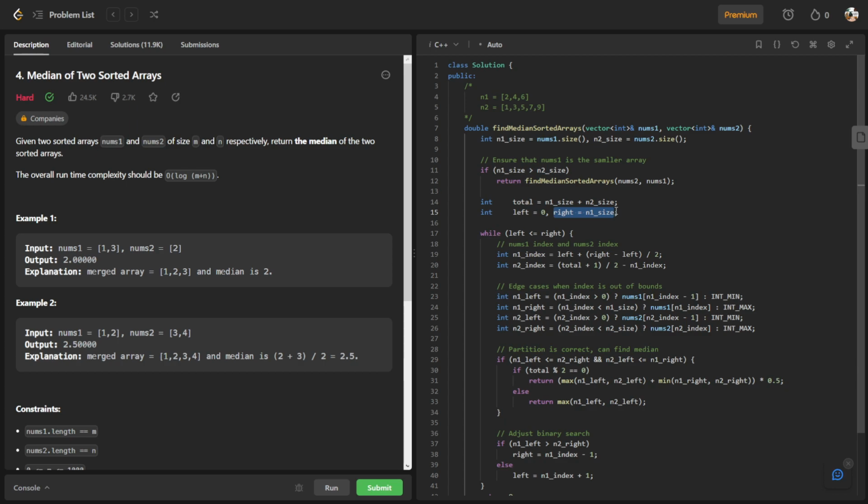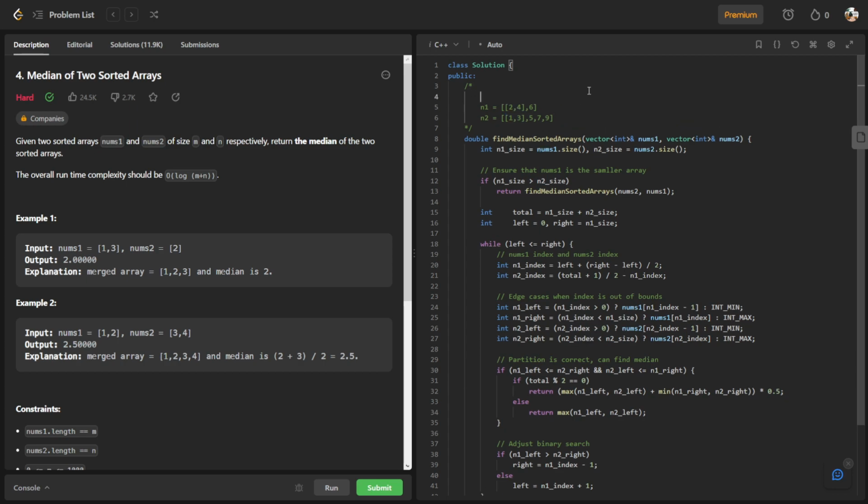We'll be focusing more on nums1, and our goal is to have two arrays, something like this, that we can compare, and then see whether or not these two arrays are in the left side of the merged array.